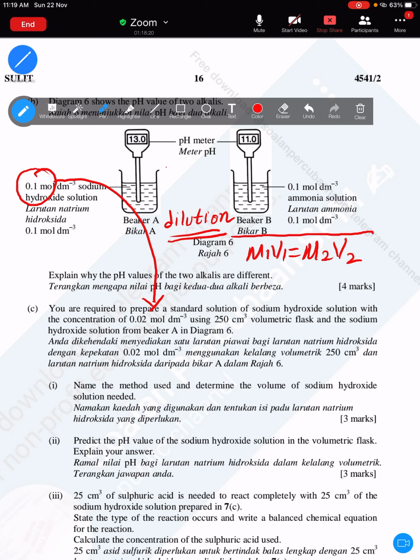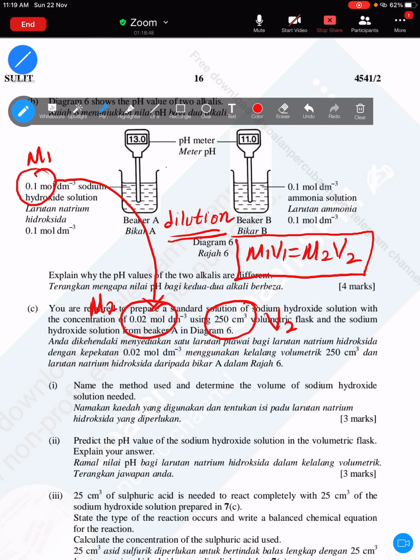This is your dilution formula. So, this is your M1, the concentration before the dilution. And this is your M2, the concentration after the dilution. And the volumetric flask volume is V2, the total volume after the dilution.